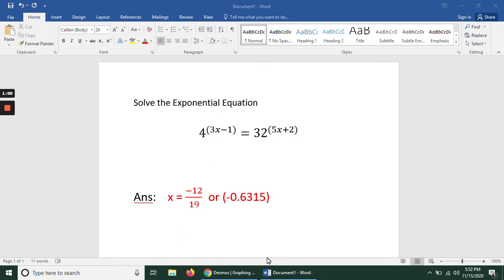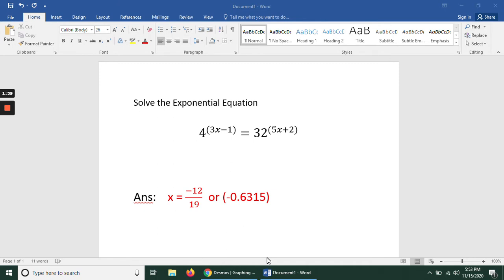Now before I continue, an exponential equation is simply an equation where you have a variable in the exponent. As you can see, for this problem, we have an x as a variable, which is a part of the exponent for each value, 4 and 32.